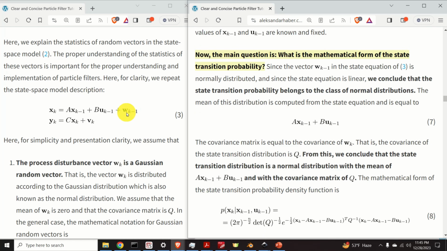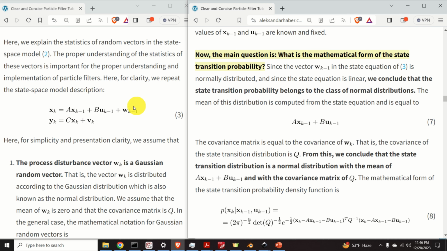Since the vector wk-1 in the state equation is normally distributed, and since the state equation is linear, we conclude that the state transition probability belongs to the class of normal distributions. That is, xk is normally distributed. The mean of this distribution can be computed by computing expectation of this equation, and it's given by this equation.